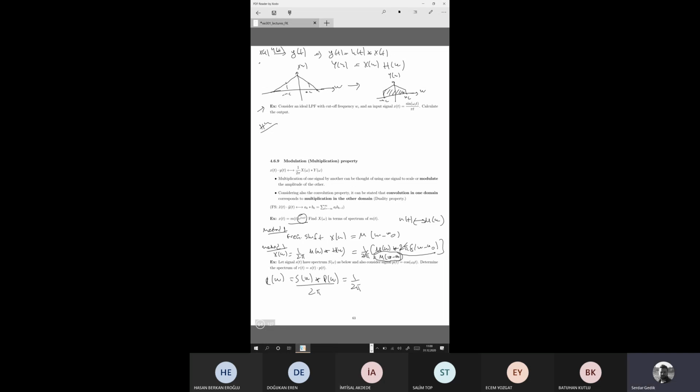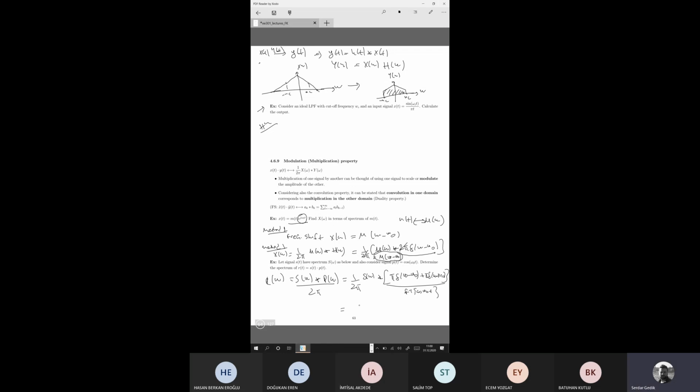This is equal to 1 over 2 pi S of omega convolved with pi impulse of omega minus omega 0 plus pi impulse of omega plus omega 0. And this is nothing but the Fourier transform of my cosine omega 0 t.